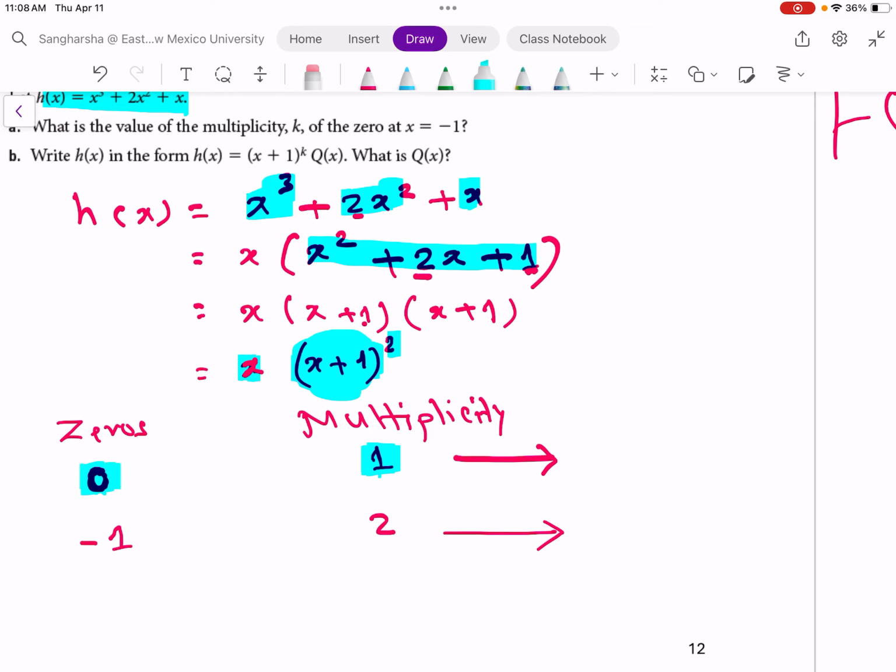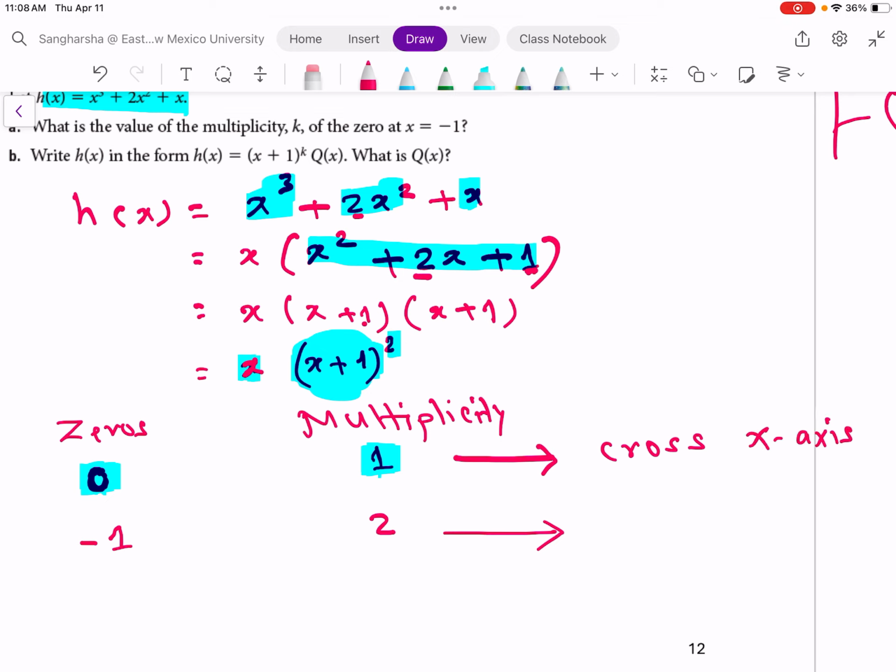Now what does it mean in the graph? Does the graph touch the x-axis or cross the x-axis? It crosses. If the multiplicity is odd, the graph crosses the x-axis at that point.